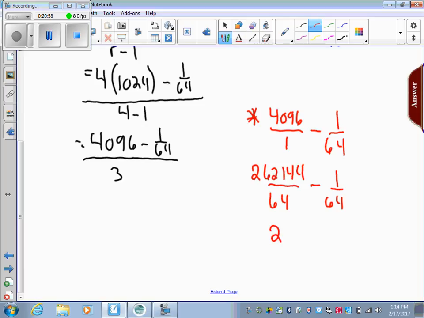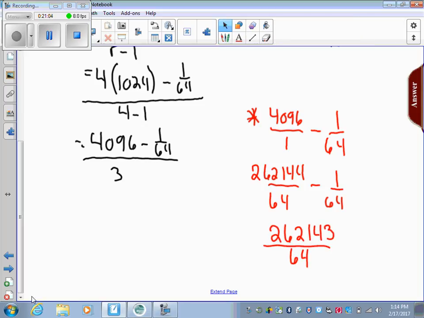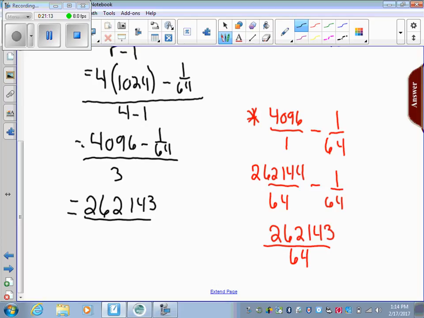Subtract 1 will leave you with 262,143 over 64. Bring that back over here. 262,143 divided by 64, and all divided by 3.